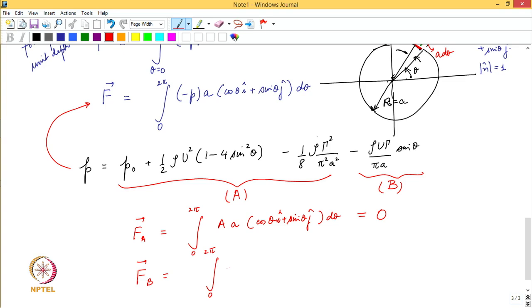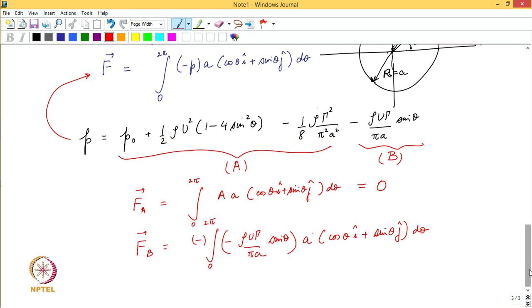We had a minus p, so minus p would become minus of minus rho u gamma by pi a sin theta, times cosine theta i cap plus sin theta j cap d theta. To make it a little simpler, this negative sign cancels with this one, and this a cancels with this one.